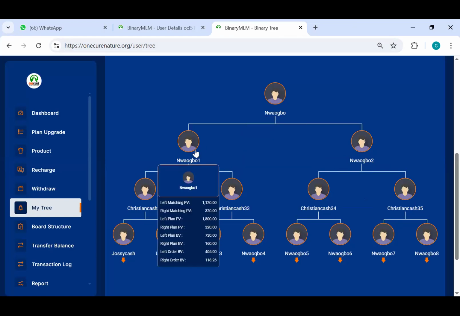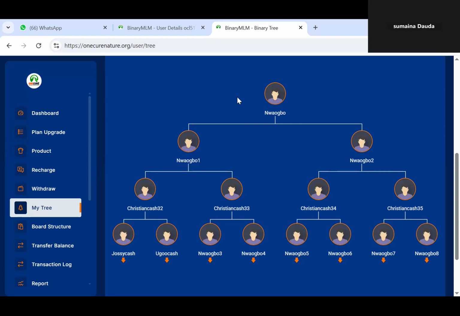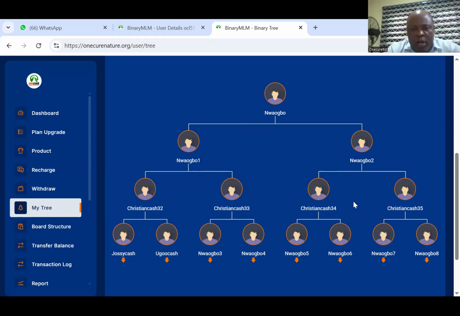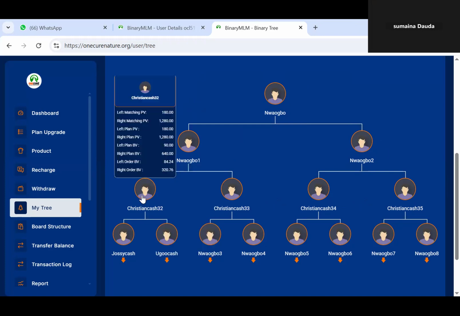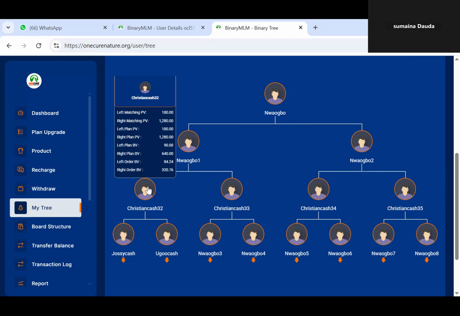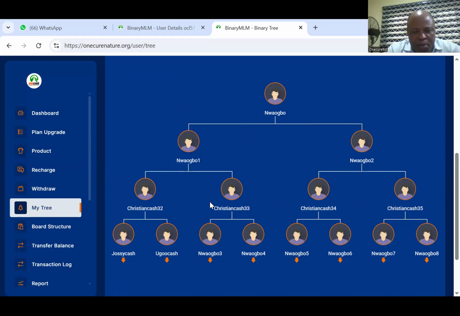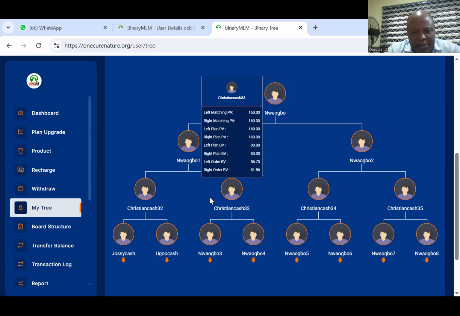In case you are now working with real people, if you have 3 accounts by yourself, that is okay. But this person, Christian Cash, is supposed to pick up from here and go down. But we see the same Christian Cash occupying these 3 places here.